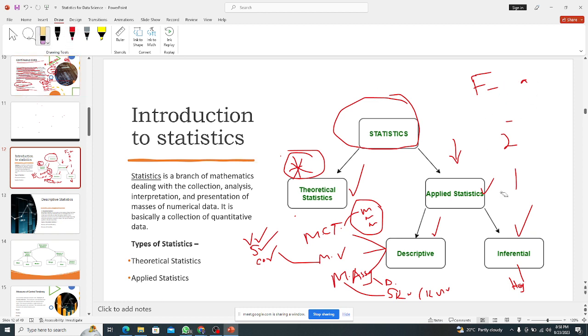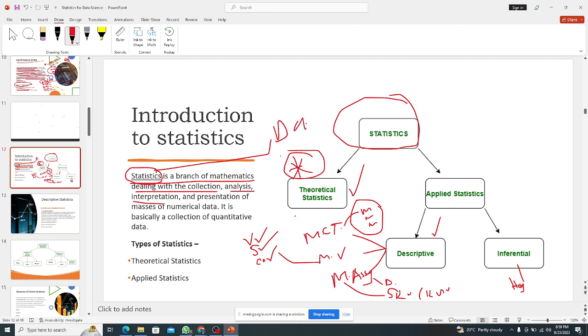Now let's get into the real thing. Now we are starting our statistics class. Statistics is a branch of mathematics dealing with collection, analysis, interpretation, and presentation of masses of numerical data. Remember, statistics is like a summary or another name for data analysis.